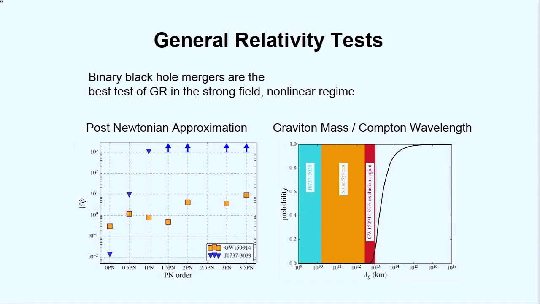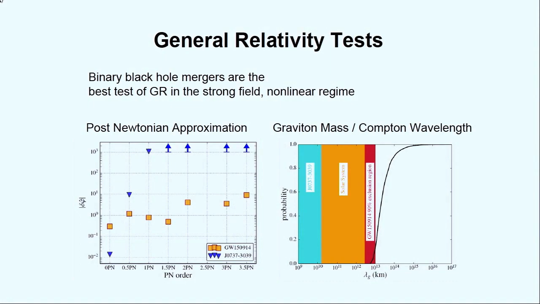The best limit here comes from the double pulsar system, but they're mostly sensitive to the lowest order stuff because they're far away. Once you have a black hole that's merging, these higher order corrections are no longer small, so we actually start being sensitive to the stuff up here. Again, because this is a single event, the limits are still of order 1, but they're no longer of order 1,000 like previously.